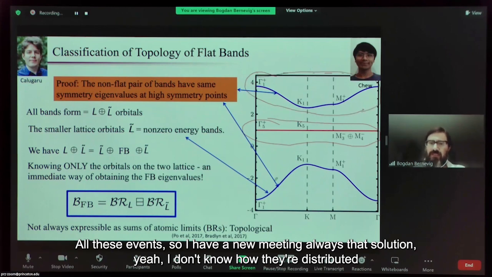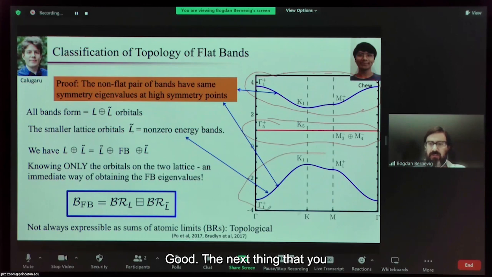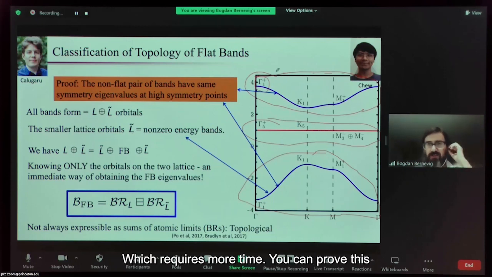So you see the blue bands here have the same eigenvalues as the lower blue bands. Okay? These gammas, Gamma, K1 and so on, are just crystallographic talk for some representation. You can go into the Bilbao Crystallographic Server so you can find the eigenvalues, the characters, etc.